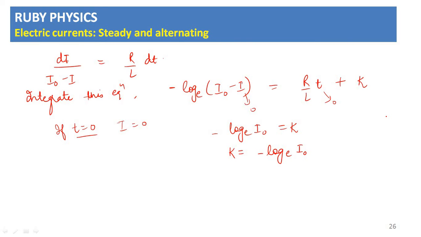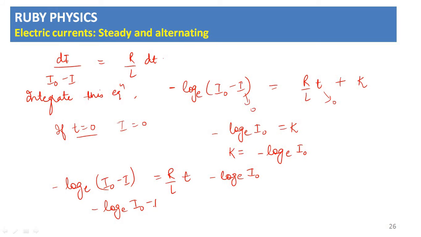Okay, so we will get -log_e(I₀ - I) = (R/L)t - log_e I₀. Then the log terms will come together: -log_e(I₀ - I) + log_e I₀ = (R/L)t.